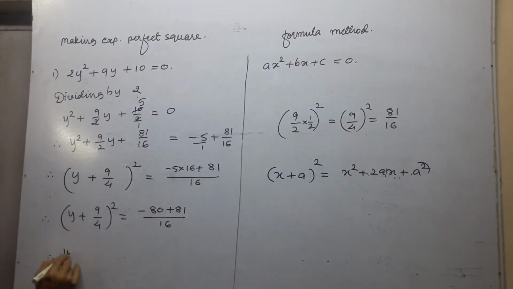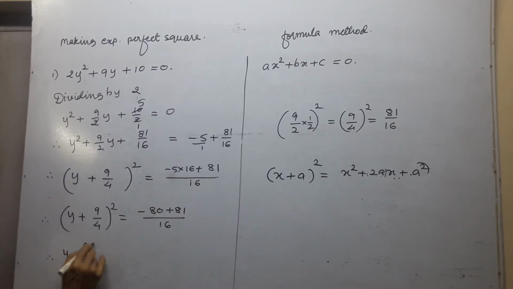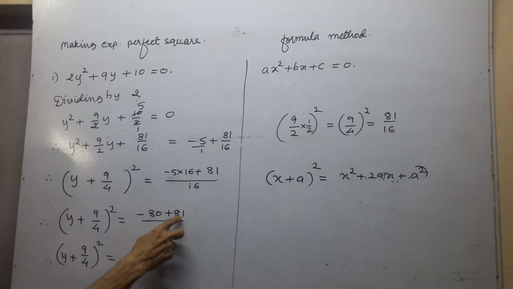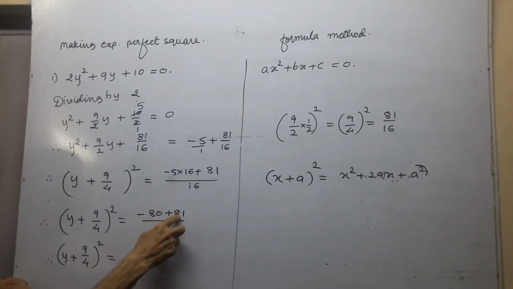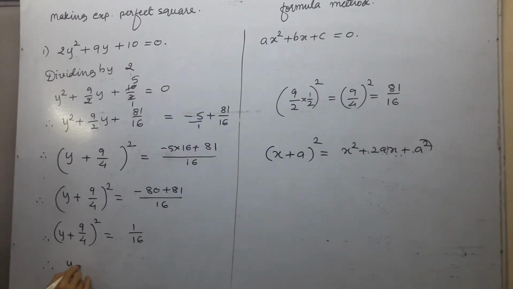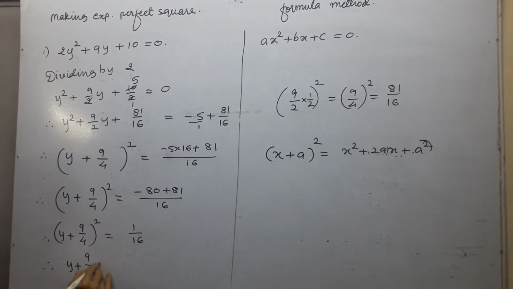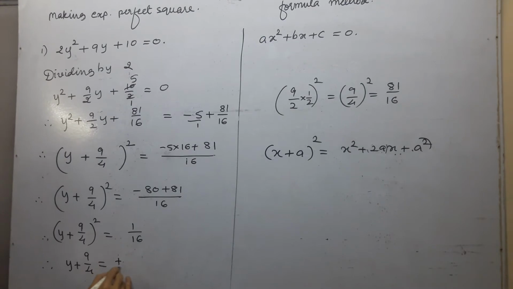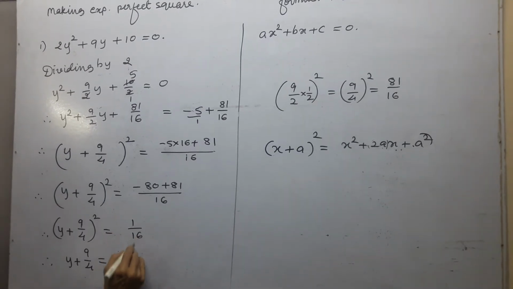And therefore (y plus 9 upon 4) whole square is equal to 1 upon 16, because 81 minus 80 is 1. Now taking the square root, we get y plus 9 upon 4 equals plus or minus, root of 1 is 1 and root of 16 is 4.